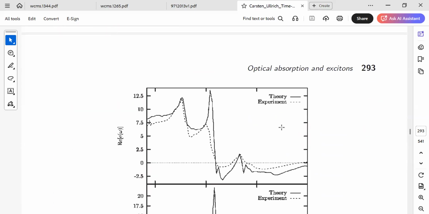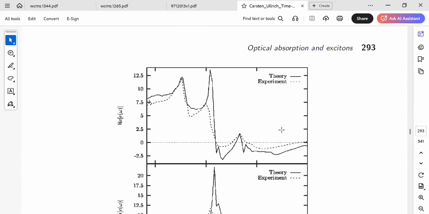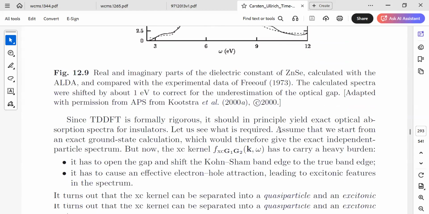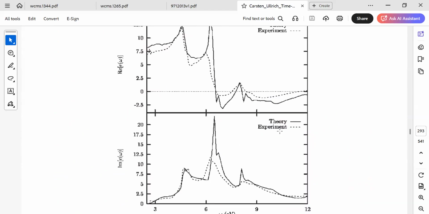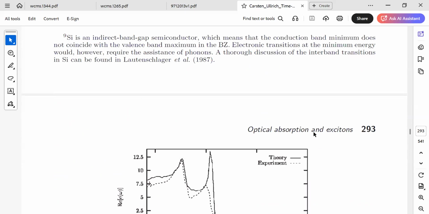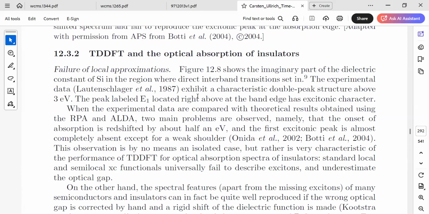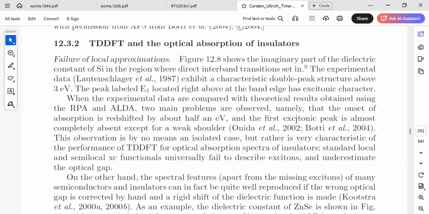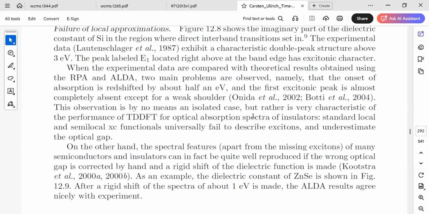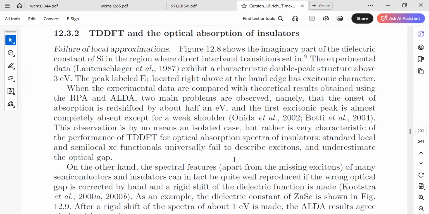Another observation is that with the help of handmade corrections, the spectrum may be made closer to the experimental observation. For example, the failure of local approximation is discussed in this paragraph.